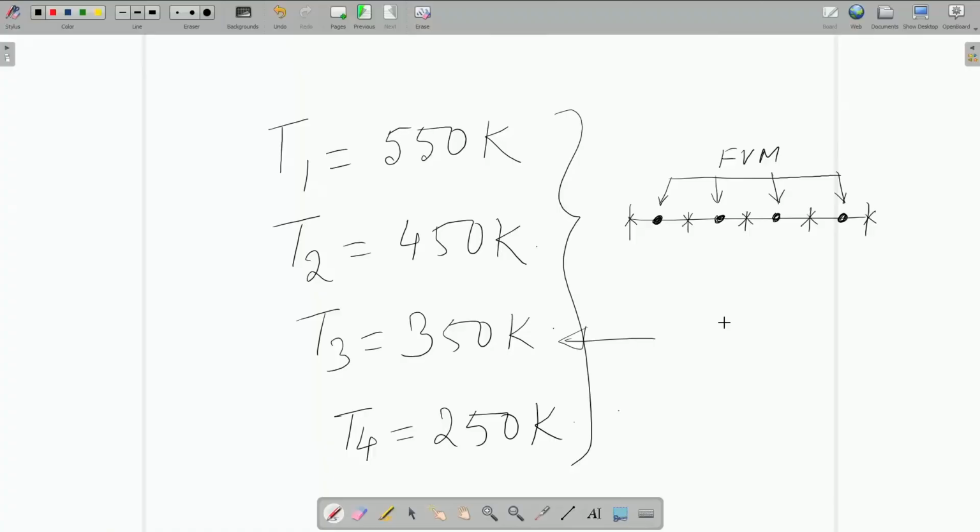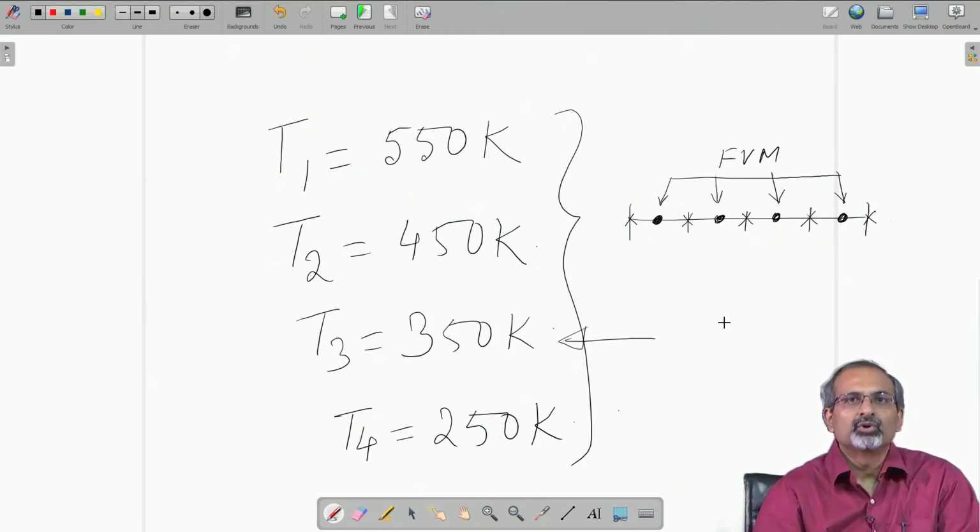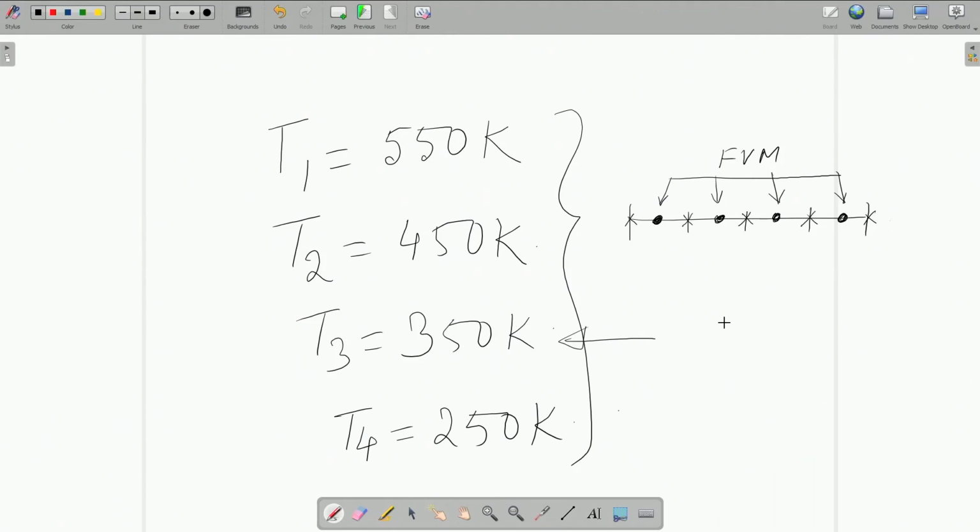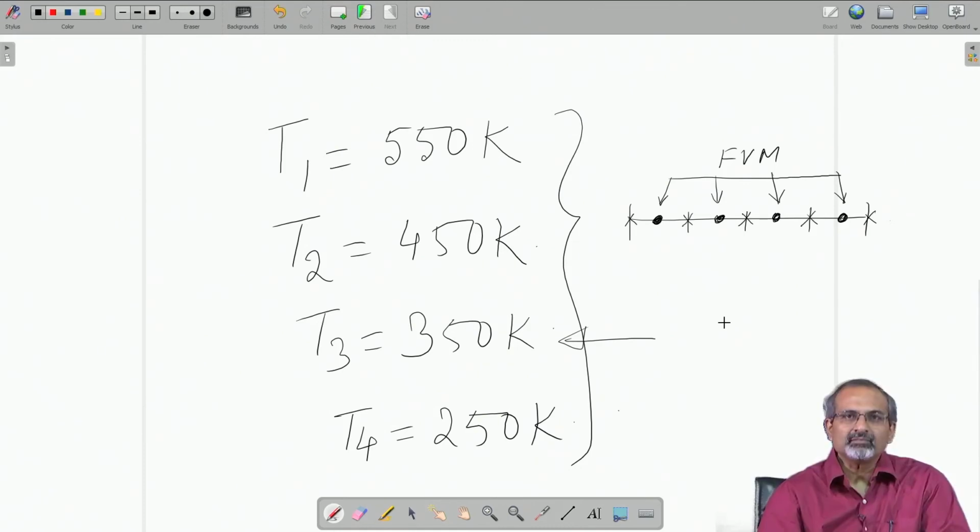So, when we have more complex variation of the function, these approximations will show differences, and then the order of accuracy that you have used, whether it is for the finite difference method or for finite volume method, would make an impact. So, in general using higher order accuracy is always recommendable.